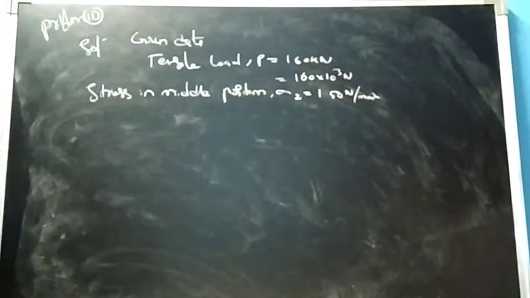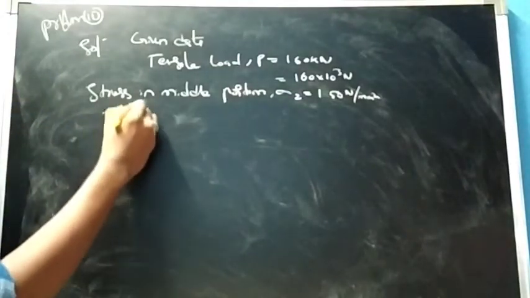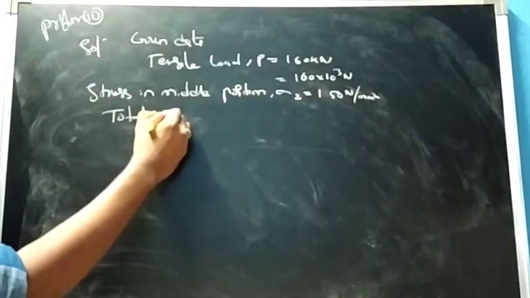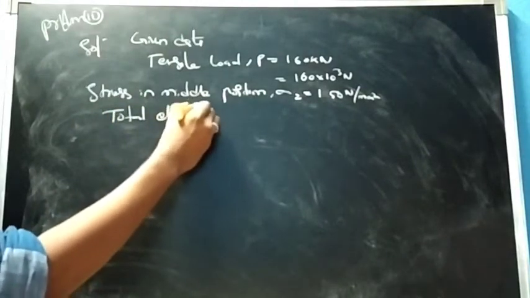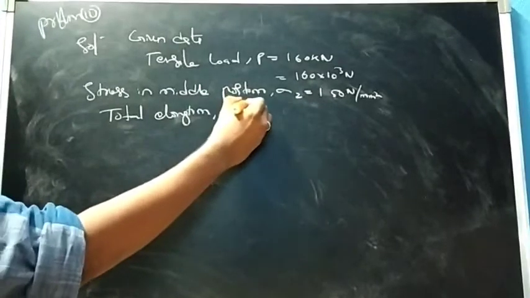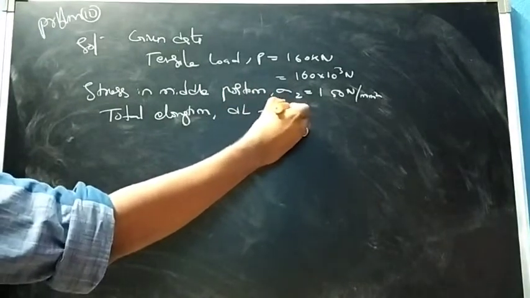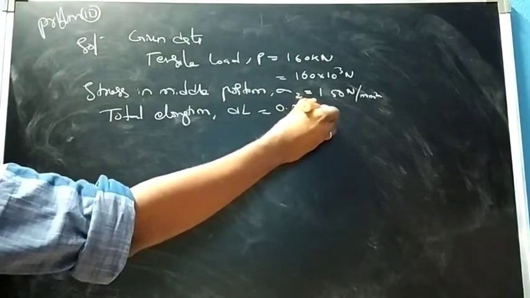So now the total elongation is given. I can write total elongation dl, that is 0.2 mm. Right?